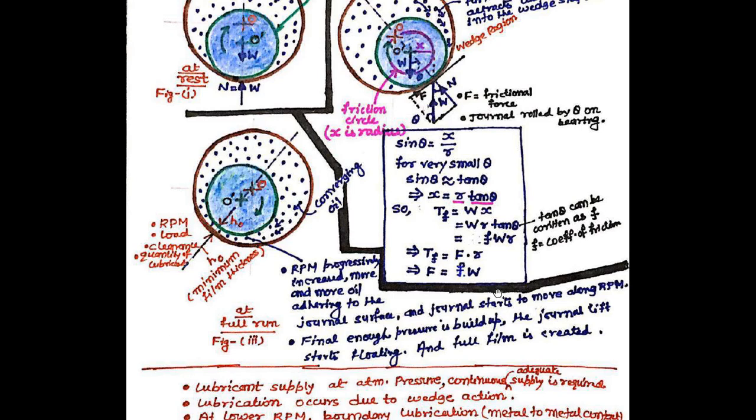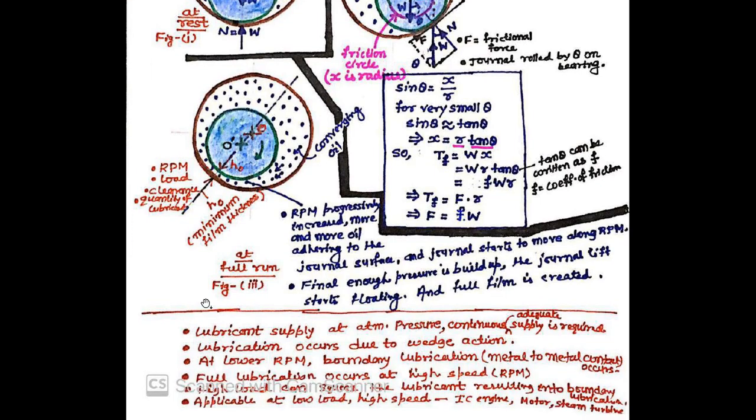Now some important points I want to share. In case of hydrodynamic lubrication or the hydrodynamic journal bearing, lubricant is supplied at atmospheric pressure, because there is no use of external pressure. Continuous and adequate supply is required, because the whole pressure is generated due to the quantity of lubricant.